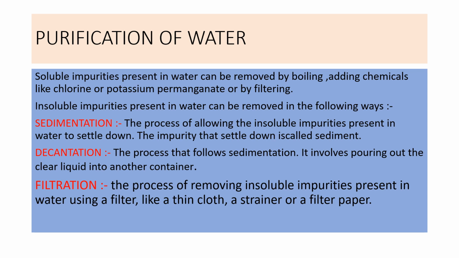The first way is sedimentation, second decantation, and the third one filtration. Sedimentation is the process allowing the insoluble impurities present in water to settle down. The impurity that settles down is called sediment.